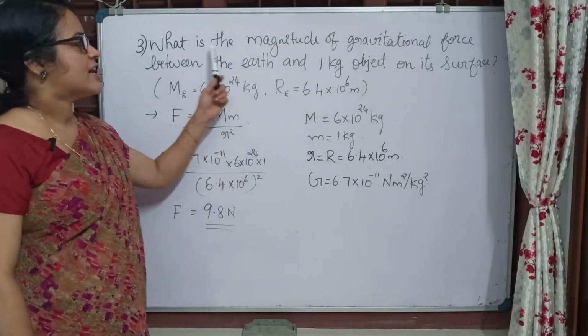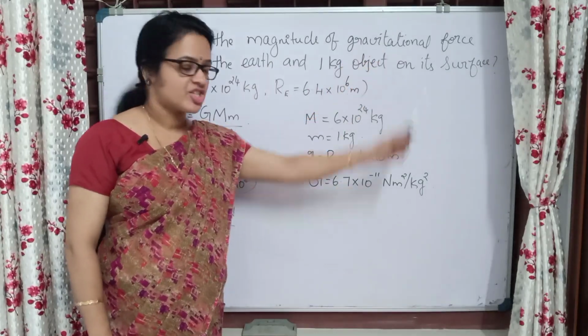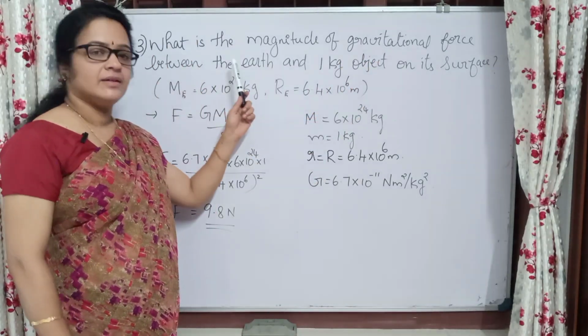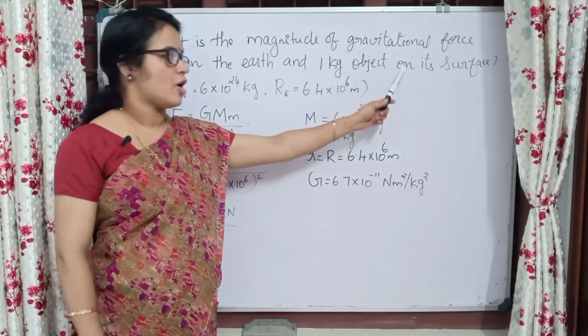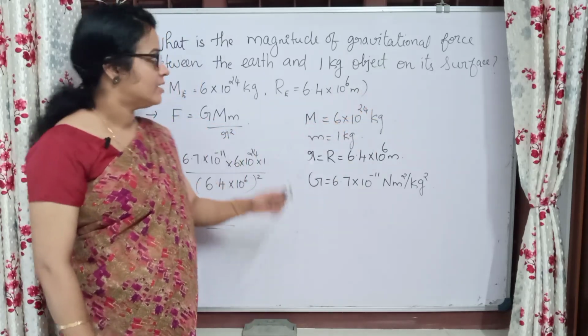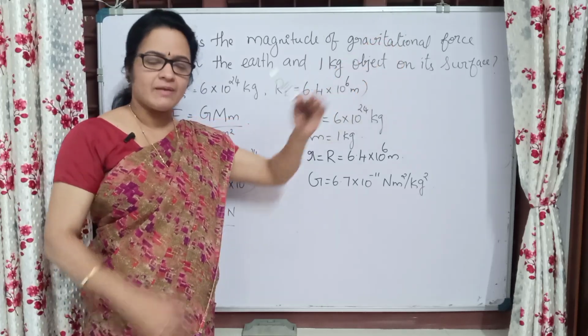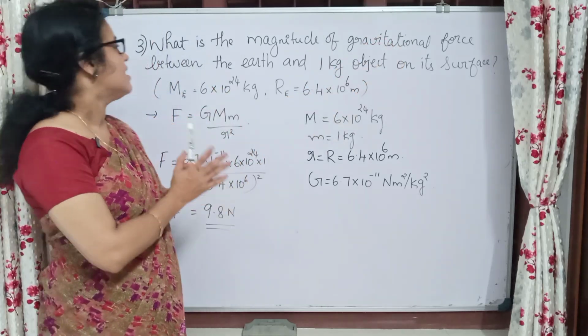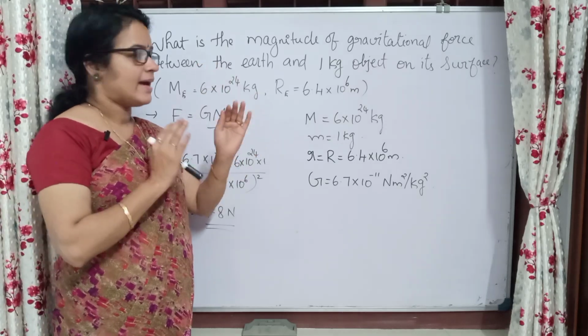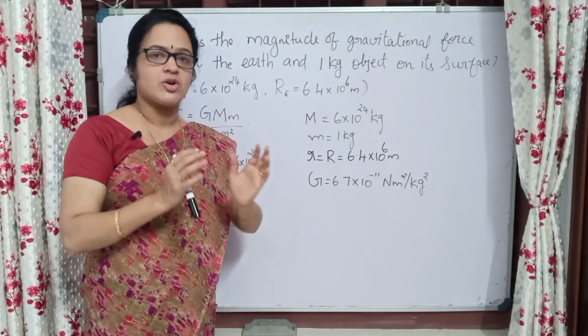The question is, what is the magnitude of gravitational force between the Earth and a 1 kilogram object on its surface? So here we have to calculate the magnitude of gravitational force. That means the gravitational force we have to calculate between the Earth and a 1 kilogram object on its surface.